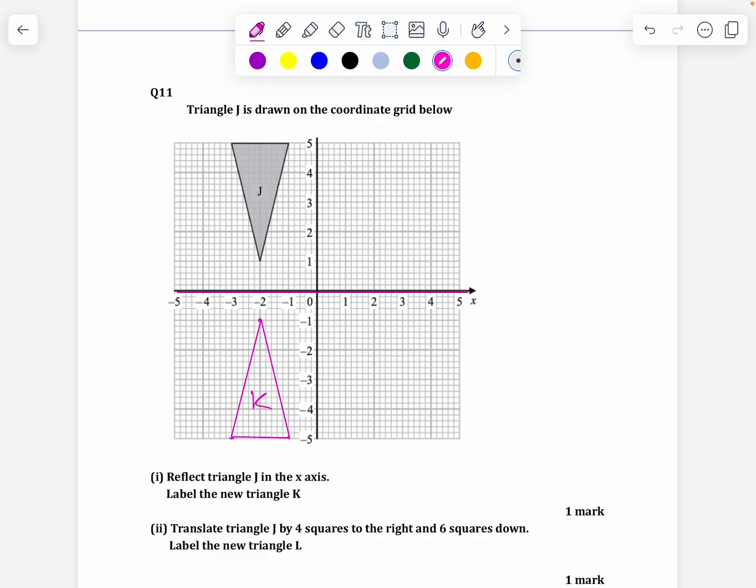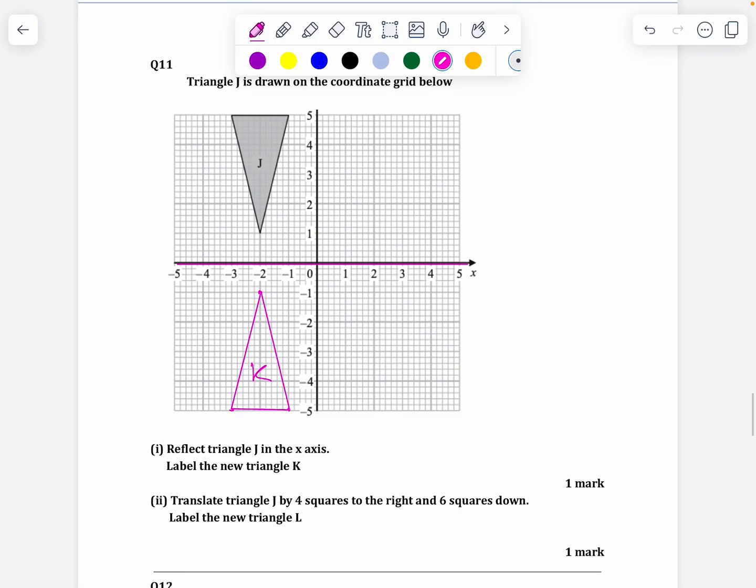Okay. All right. Next, translate J by 4 squares to the right and 6 squares down. Now, Mrs. Wall did allow the mark if you didn't realise that you need to count the big squares, that each of these represents 1, and you ended up counting the little squares. For example, if you ended up doing 1, 2, 3, 4, and then going down 6 squares.